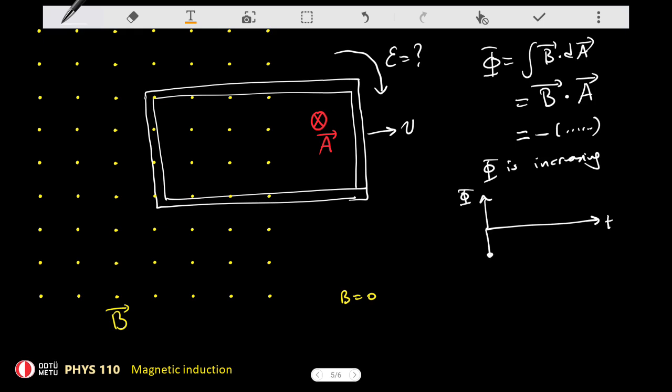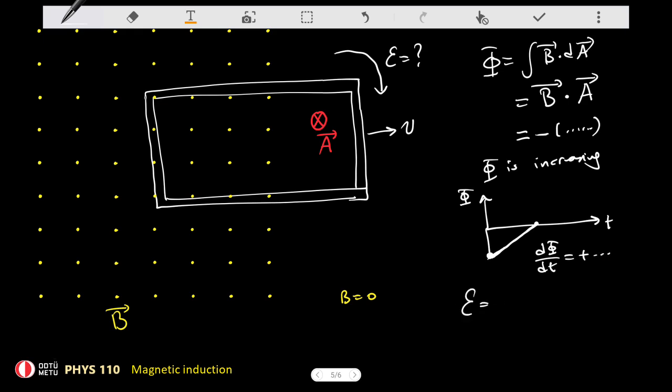At the time shown, the flux is negative, it is here. But eventually when I'm moving this frame out, it will completely come out of the magnetic field at some point, so it will become zero. So the flux is increasing in here. That means the rate of change of the flux is positive. Flux is negative, but its rate of change is positive.